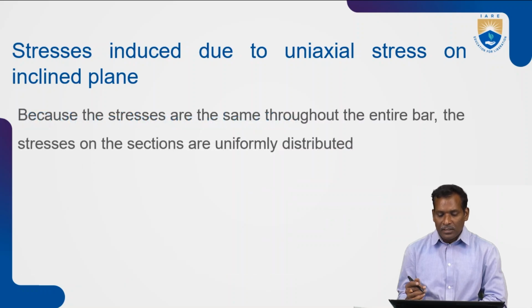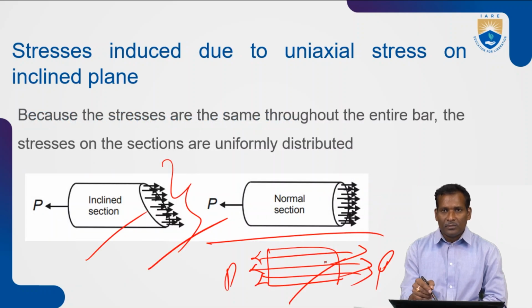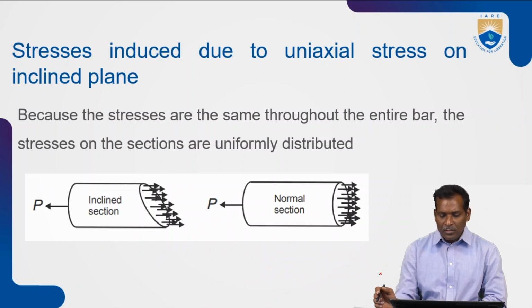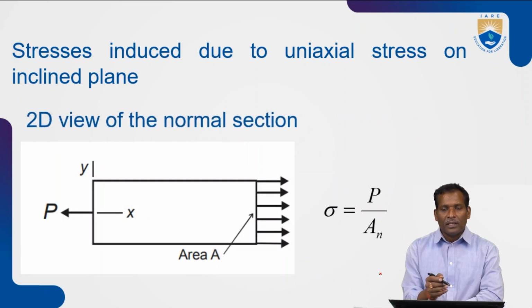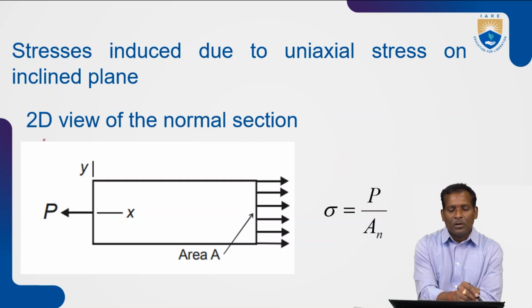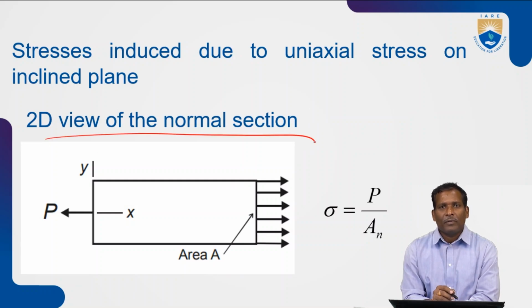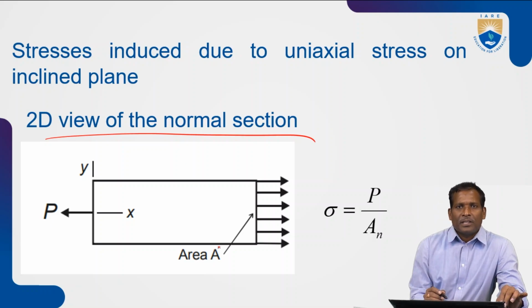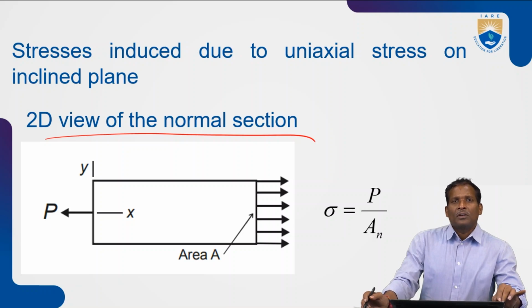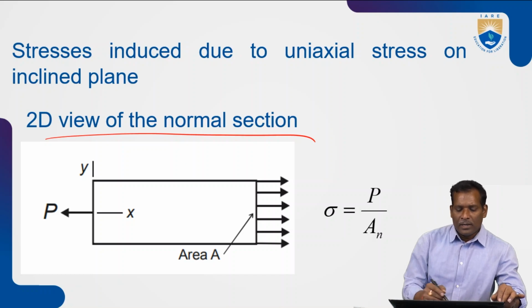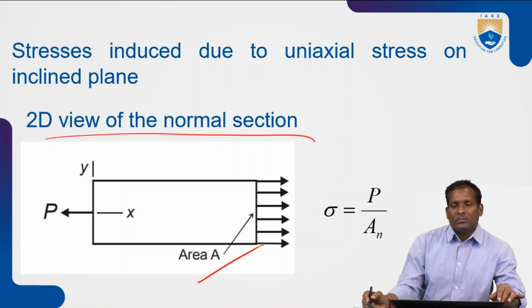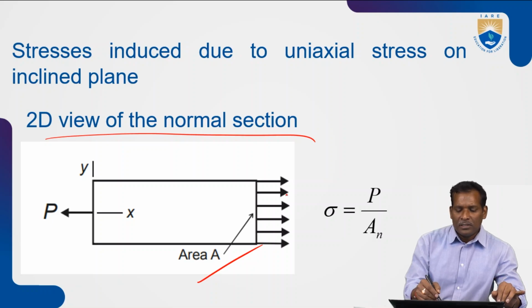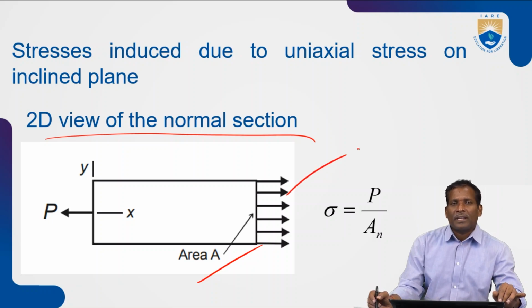I told you, here I have drawn the 2D view. So once again, see clearly, the 2D view of the normal section. Whenever the bar is subjected to tensile load, here is the area of the bar, and these are the force carrying lines.